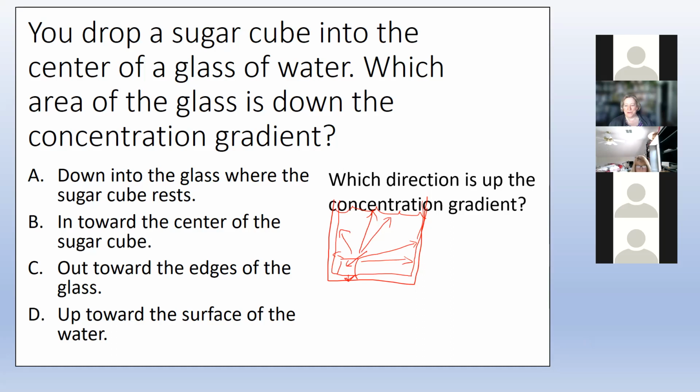Okay, we've got some good early voting. Okay, we just broke 50%. Let's see if we can get to 75.